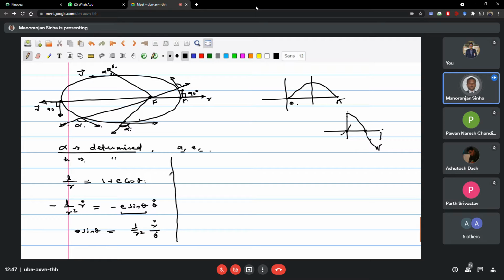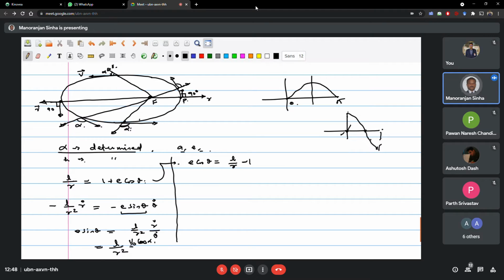Also this expression can be written as E cos theta equal to L by R minus 1. So this is L by R square, and R dot we know this quantity is V0 cos alpha.